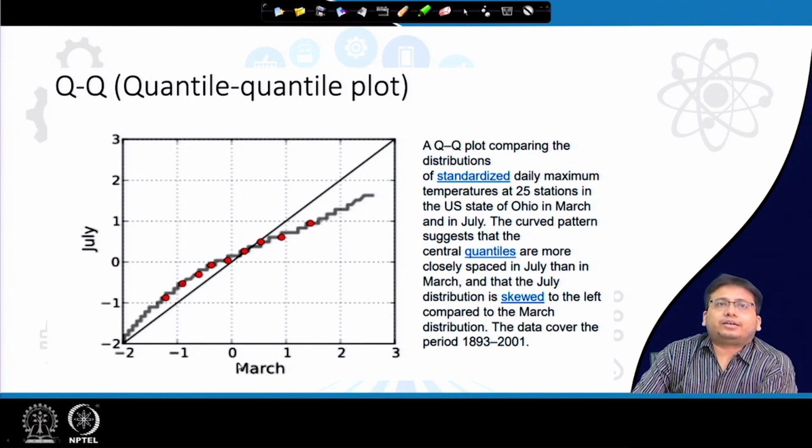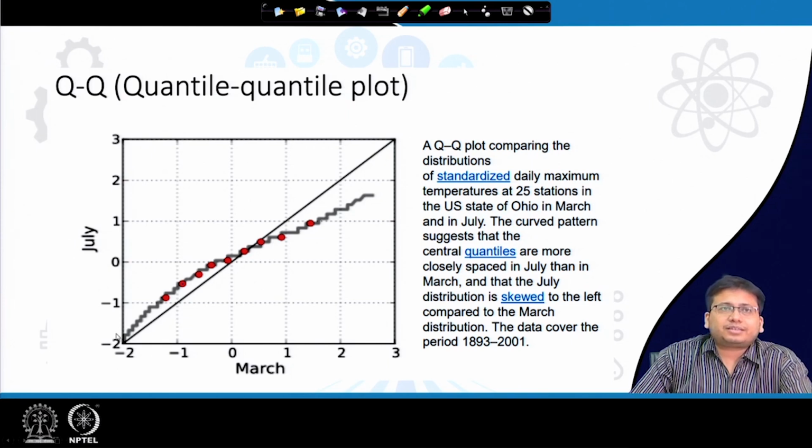You may be surprised to see the values of -2, -1, etc. I mean, how can rainfall be negative? Sorry, it's not rainfall, these are temperature. What they have done is they have standardized it, which means that basically they have removed the anomalies.